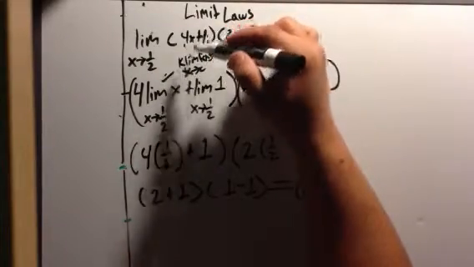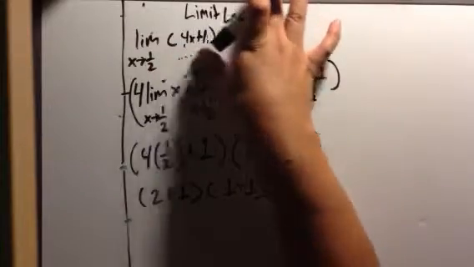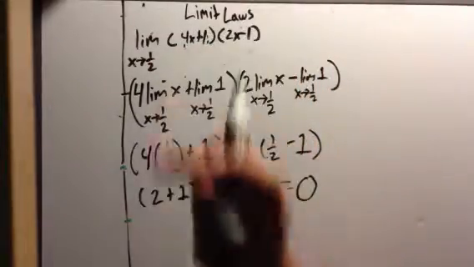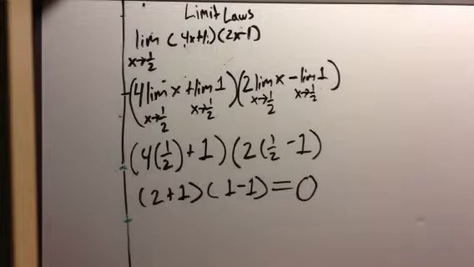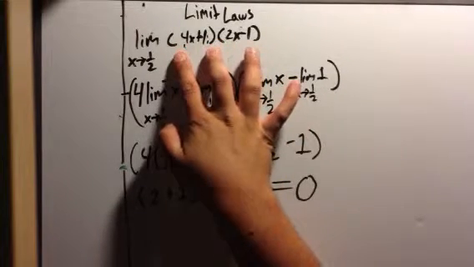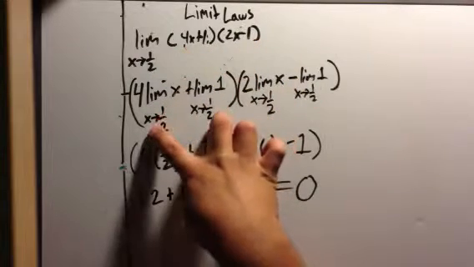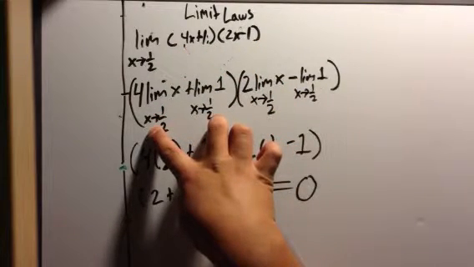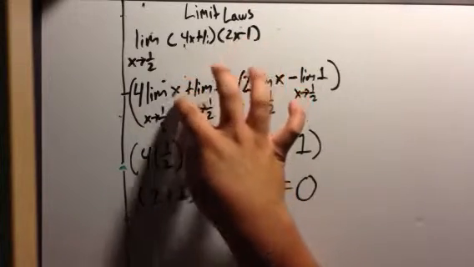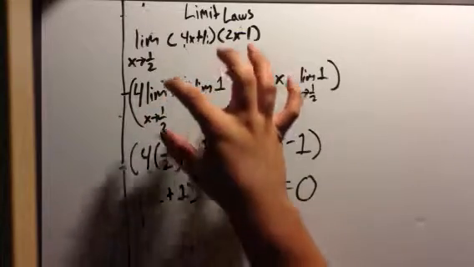You just gotta know your multiple laws, pretty much. You just gotta memorize them. So we had two functions being added together, so we split them up and evaluated them individually. But we still have that 4x, so we have to bring the 4 out in front because it's just a constant.